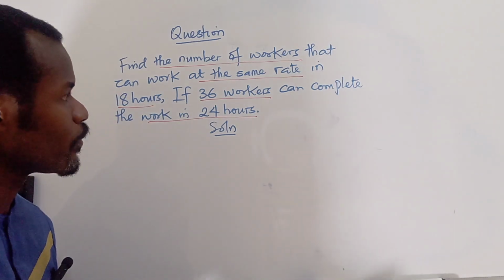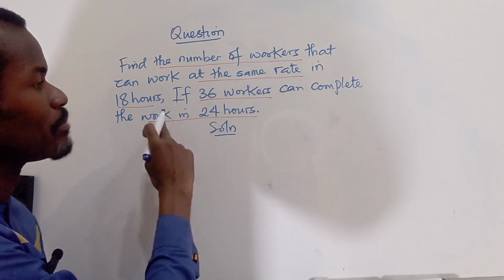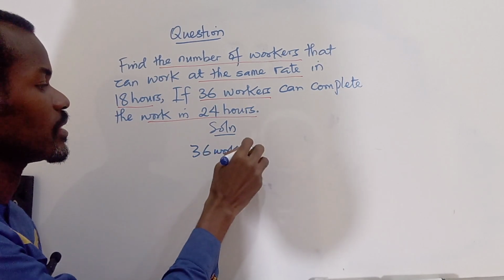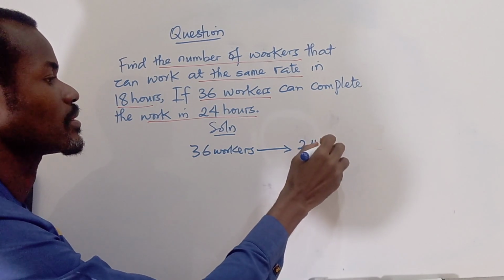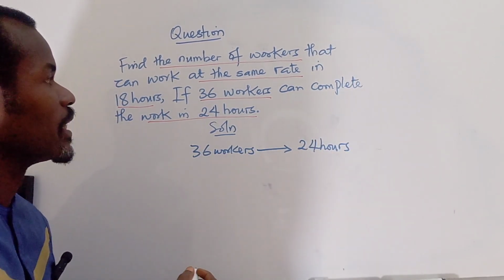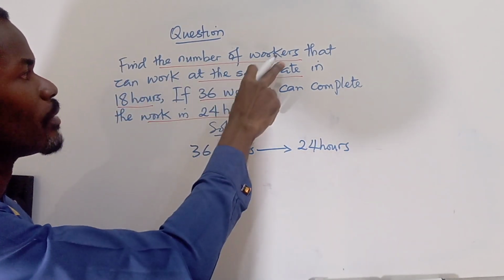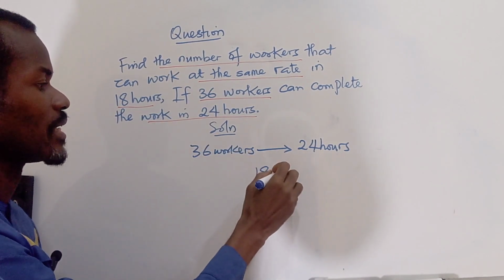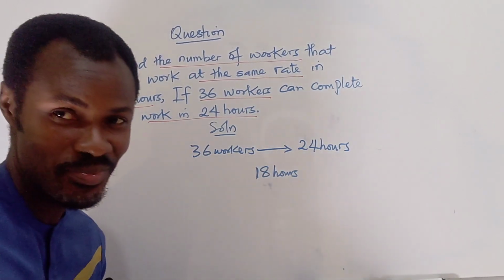So the first thing I want to check is this. In this last statement, we're given 36 workers who can do the work in 24 hours, and what we are to find is the number of workers, given this time of 18 hours.